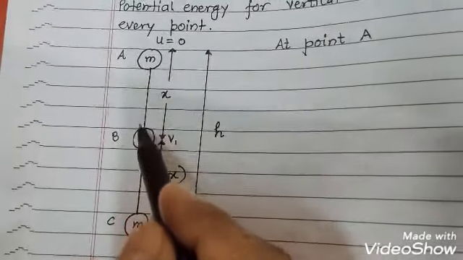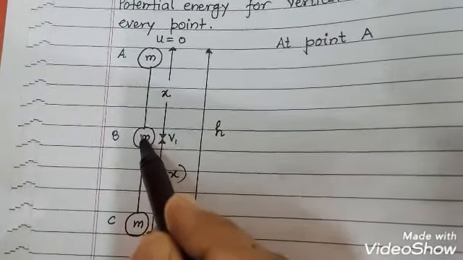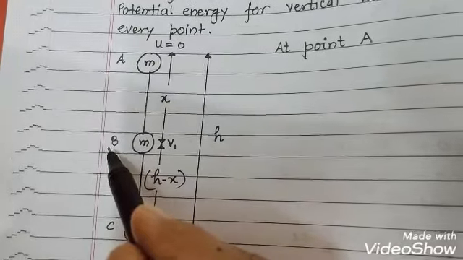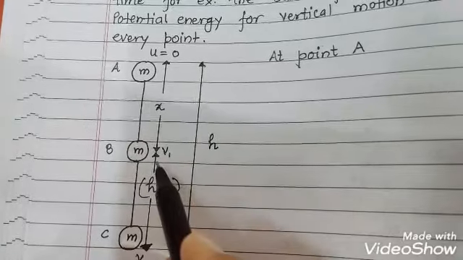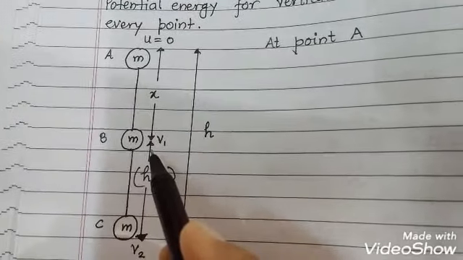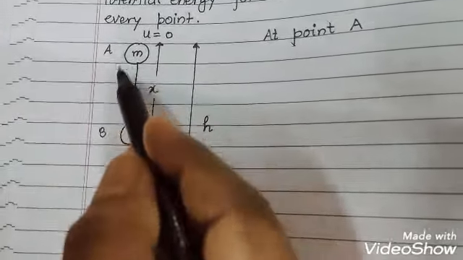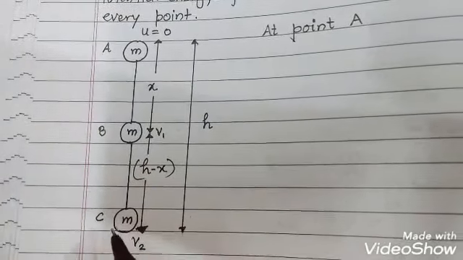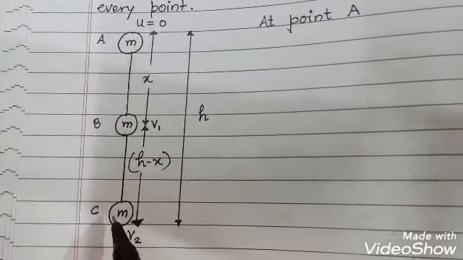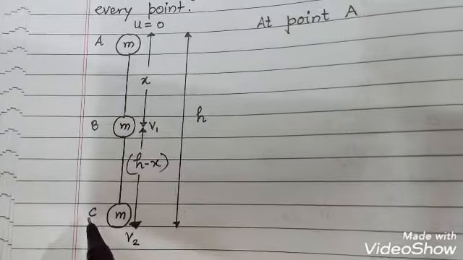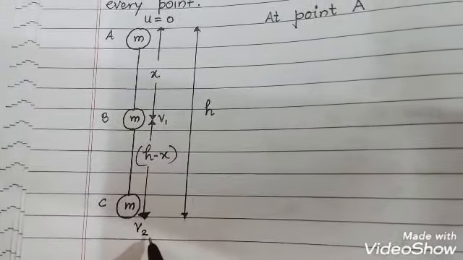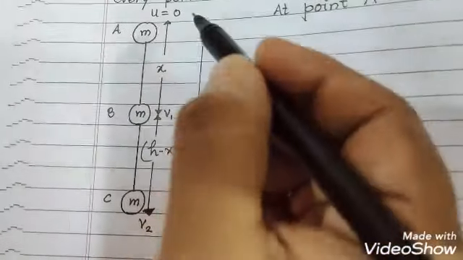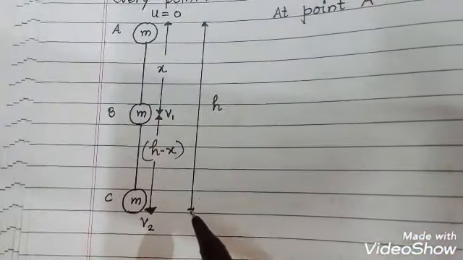You will see that after some time it is at point B, traveling the distance x, and the velocity will become v1. Then it completes its journey, touching the ground, that is at the point C. Here the velocity is v2 and the displacement is h.